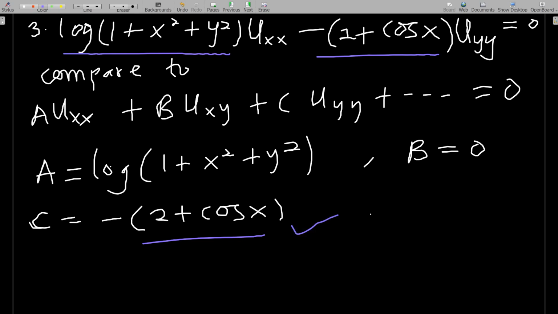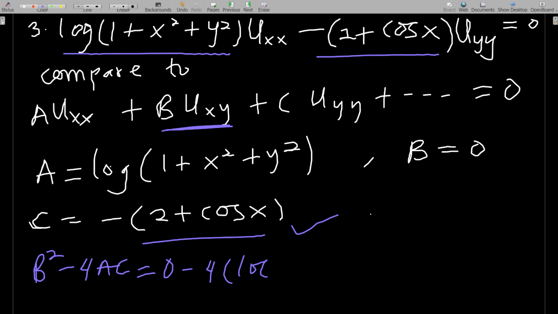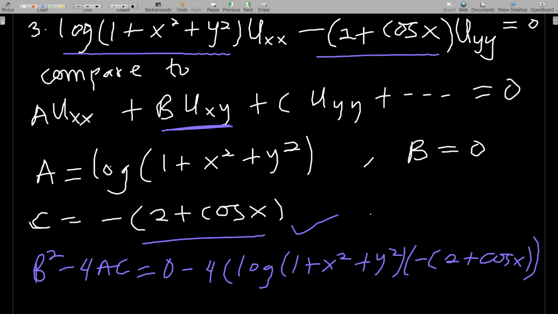So this is our c, and for our b, we don't have any u_xy component in the main question, so we have b equal to 0. So here b squared minus 4ac would become 0 squared, which is 0, minus 4 into a, which is log of the expression 1 plus x squared plus y squared, then c is minus of the expression 2 plus cos x. Okay, I hope you understand this.